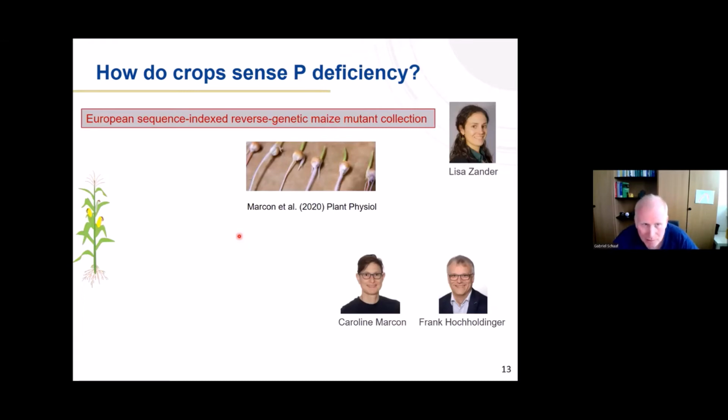And this is basically taking advantage of a European sequence-indexed reverse genetic maize mutant collection. This is a very long name. Basically, this is a collection of maize lines where we have individual transposon-induced mutations in individual genes. And this is not transgenic, yeah? This is a natural mutator transposon that has been used to generate this population. Because it's all sequenced, it's a wonderful resource.